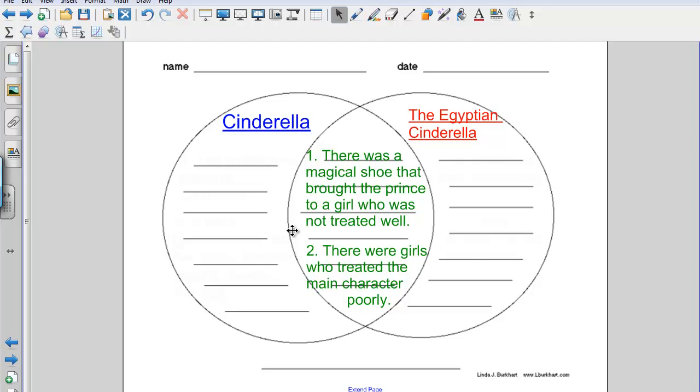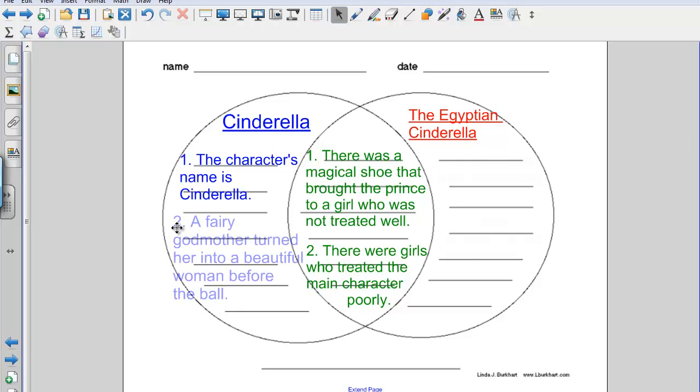Now I'm going to go back over my chart and write two sentences that are different about each book. In Cinderella, the main character's name is Cinderella. In Cinderella, the fairy godmother turned her into a beautiful woman before a ball.